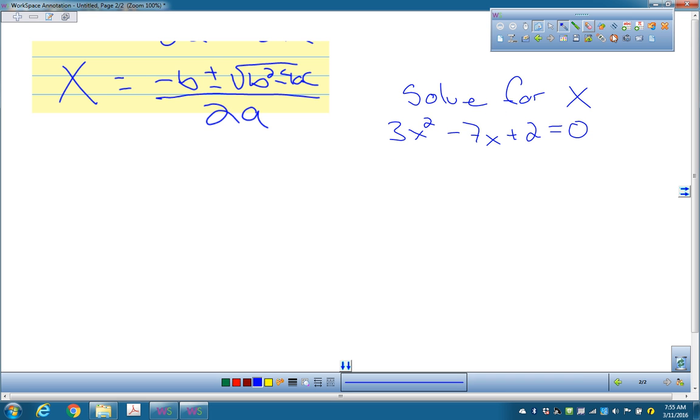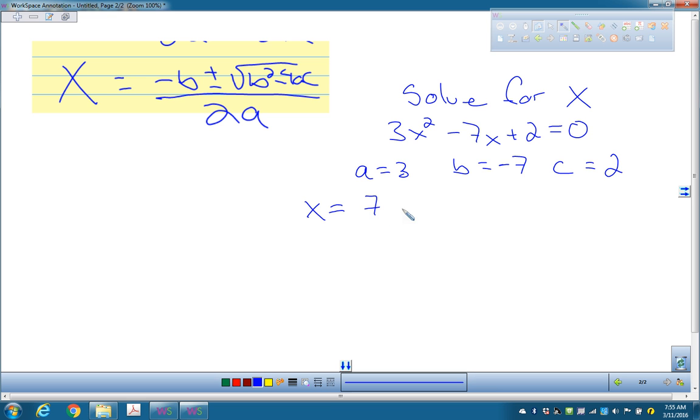So what you have to decide is what is A, B, and C. A is 3, B is negative 7, and C is 2. Then you just plug those numbers right in. X equals negative B, what's negative 7?